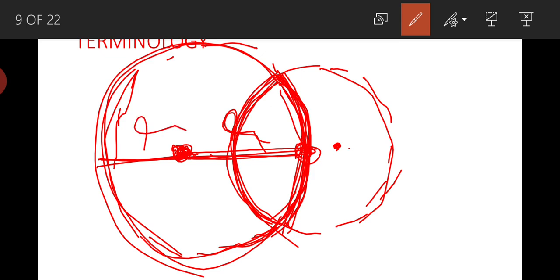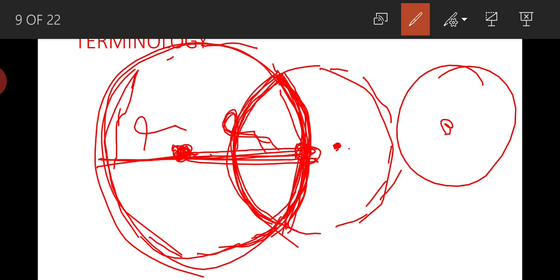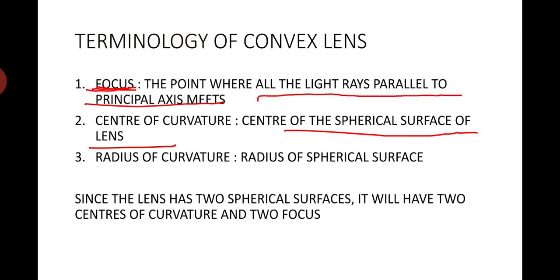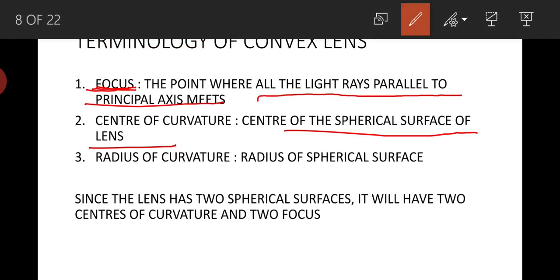This is also a radius and this is also a radius. That radius of the spherical surface is called the radius of curvature. Radius of curvature is nothing but the radius of the spherical surface, the distance from the center to the surface.